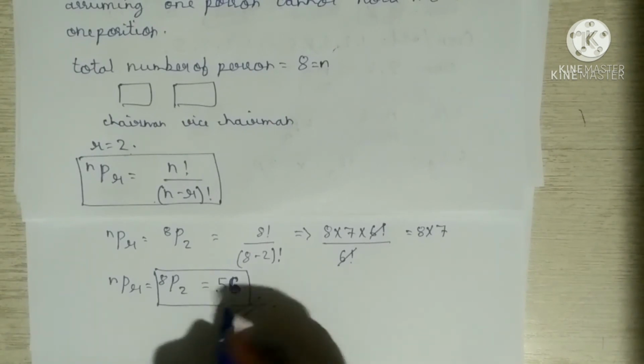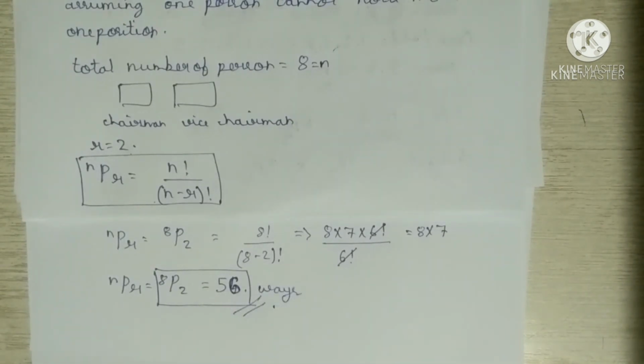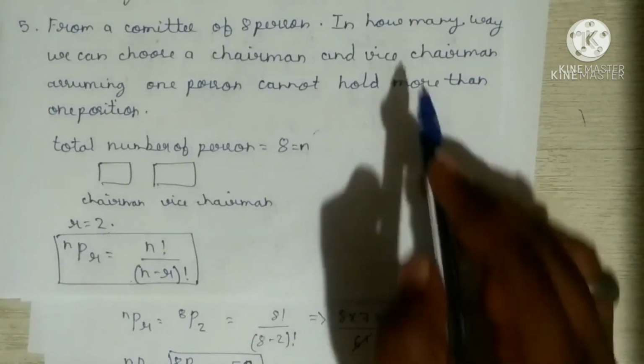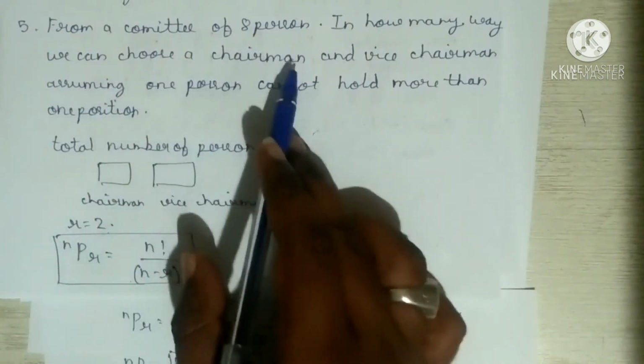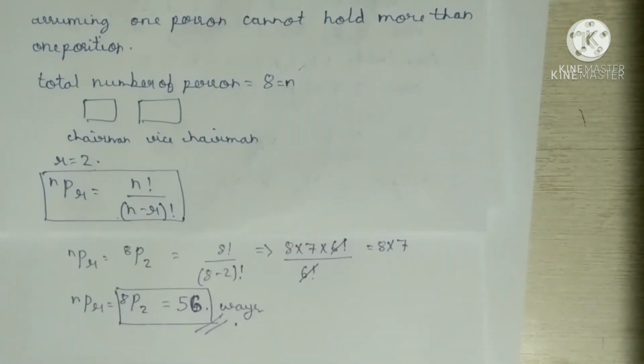How many ways can we choose chairman and vice chairman? 56 ways. Okay, next.